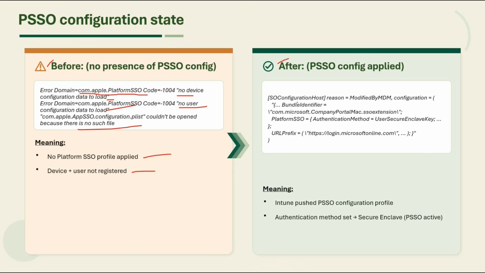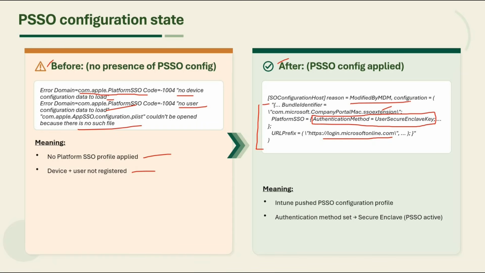Now, after the PSSO registration was done, you can see this information over here. You can see the URL that we had seen earlier as well. This is in a way showing that the device has received the PSSO profile and it has implemented it. You can also see the authentication method, which implies the flavor of PSSO that was used, and it also shows that the setting has come down from an MDM, and it contains a lot of other information.